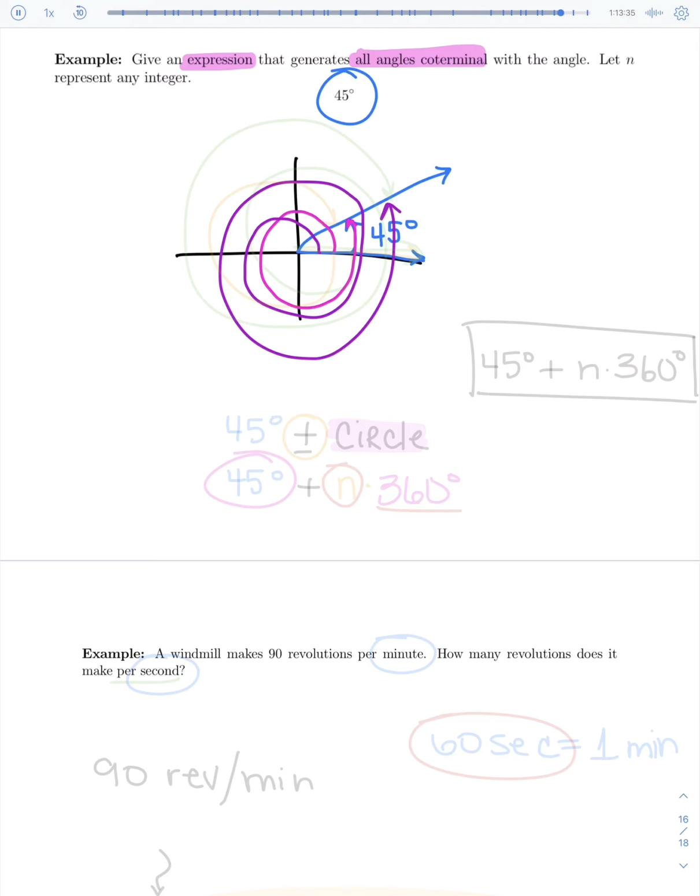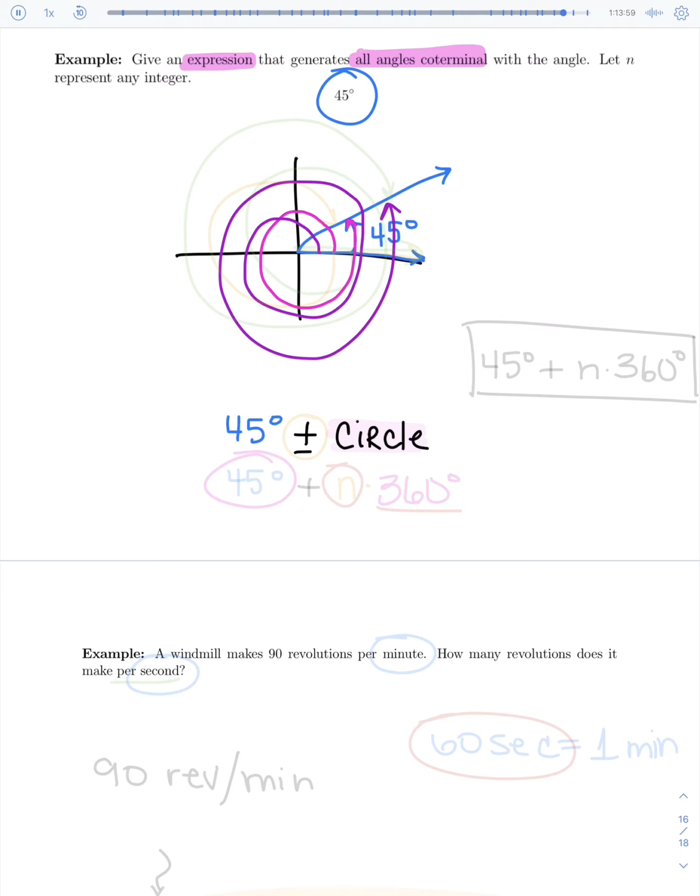So to write this out, that's how you get coterminal angles. I'm going to start out with my original angle, 45 degrees. And then I can add or subtract going around the circle, because technically I could do the same thing in reverse.